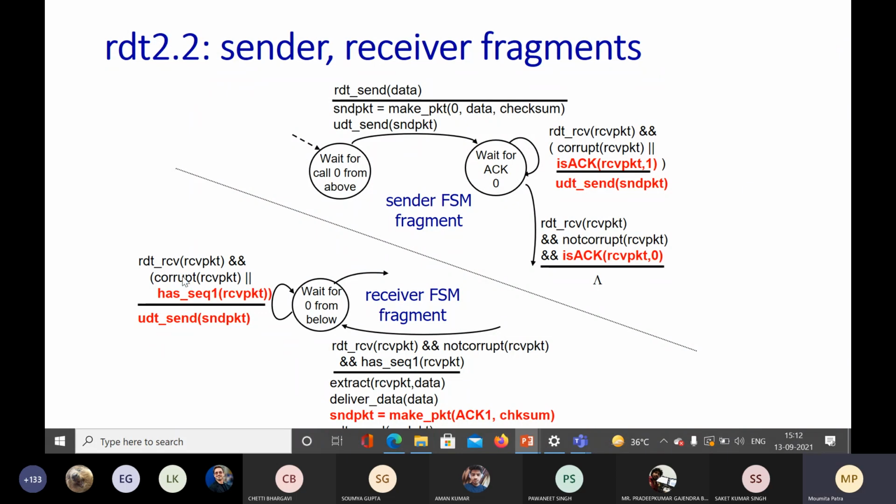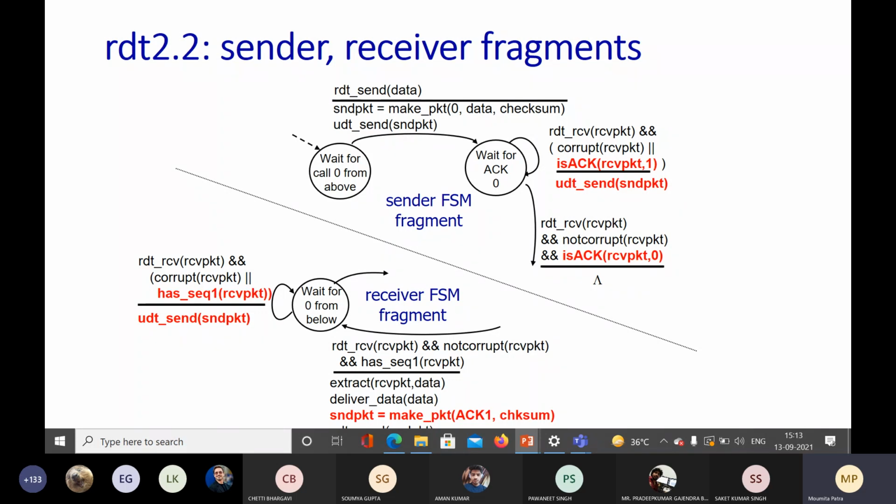Okay, now suppose a packet is received and the packet is either a corrupted packet or it has a different sequence number. Then the receiver will send an acknowledgement packet which will have the sequence number of the packet that this receiver had received correctly until now.